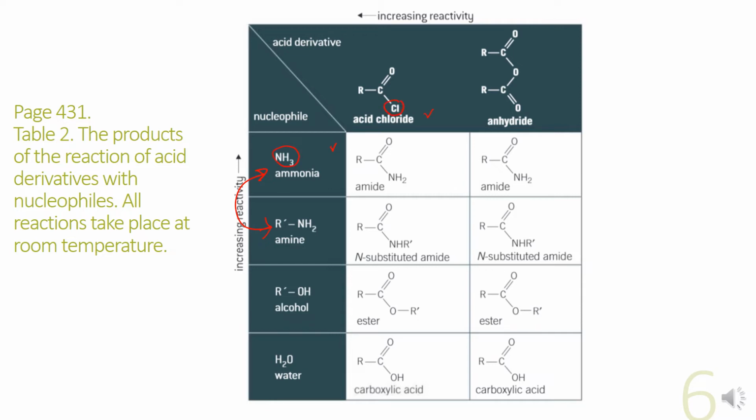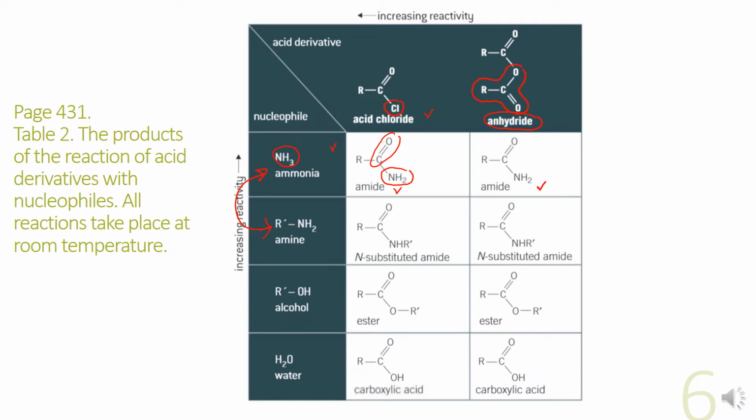We will get the NH2 group attached next to the carbonyl, so we call it the amide product. And when we work with an anhydride, we get the same type of product, because the good leaving group will be replaced by the ammonia, forming the amide.